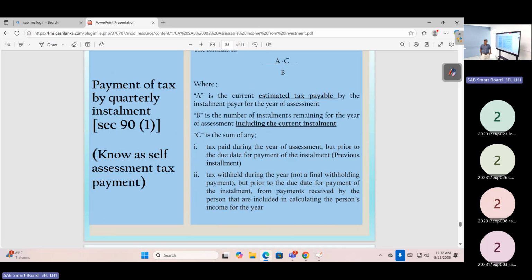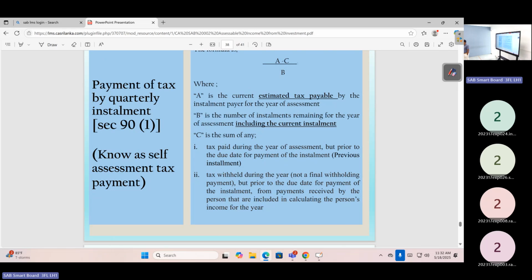Two, the tax withheld during the year, not the final withholding amount. Final withholding we cannot deduct. Other than final withholding we can deduct, but prior to the due date of the payment of the installment.